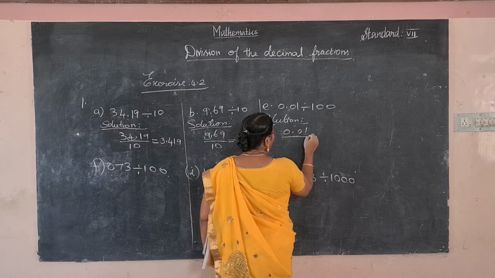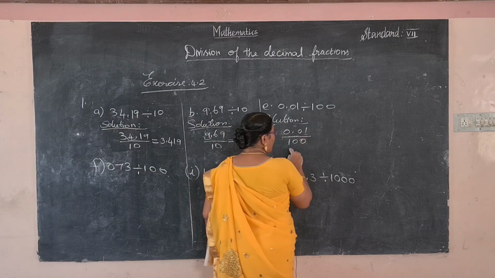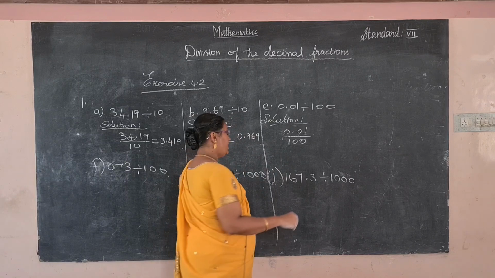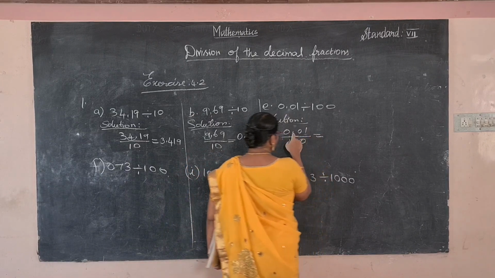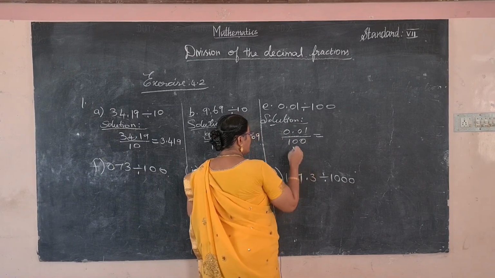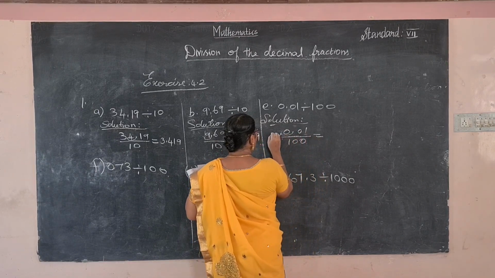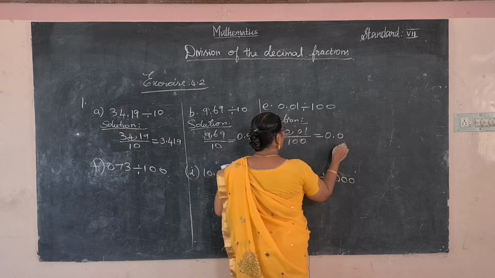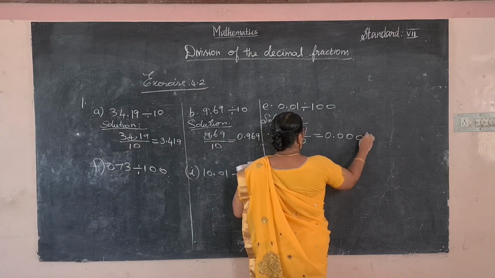Okay, and next one, 0.01 by 100. So how many zeros does the divisor have? 2 zeros. So the decimal point moves to the left side 2 places. Okay, so 1 2. So here 0, so 0.0001.